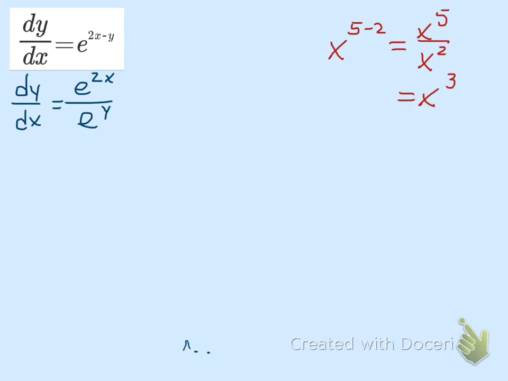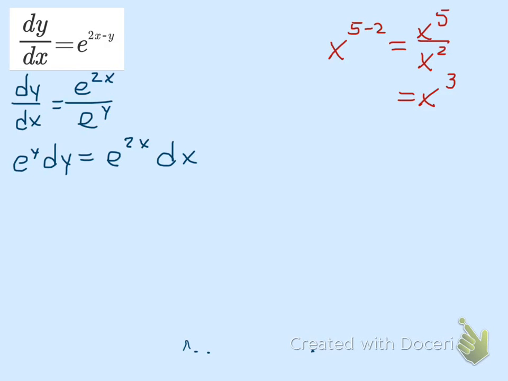So then I'll have e to the y dy equals e to the 2x dx. It's just new software. Okay, so we've got e to the y dy equals e to the 2x dx.